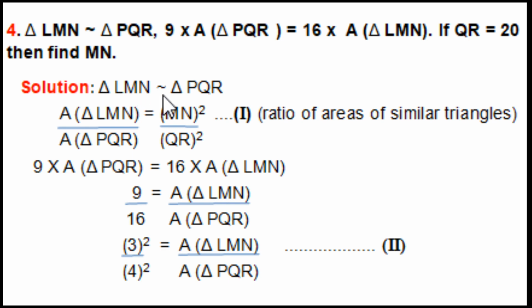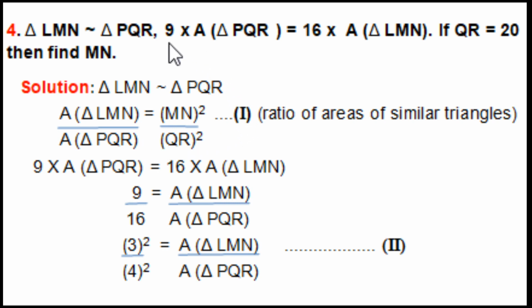In triangle LMN similar to triangle PQR, therefore the ratio of their areas is equal to the ratio of the squares of the corresponding sides, by the theorem on ratio of areas of similar triangles. So area of triangle LMN upon area of triangle PQR is equal to square of MN upon square of QR. This is point number 1.